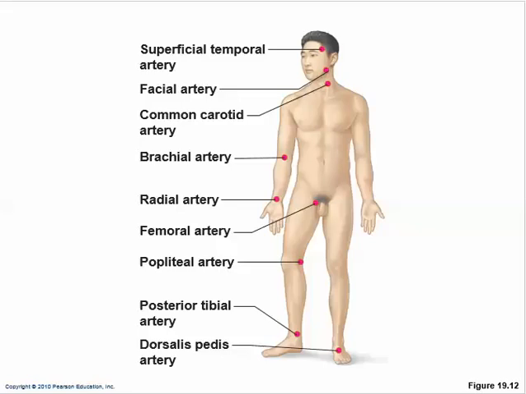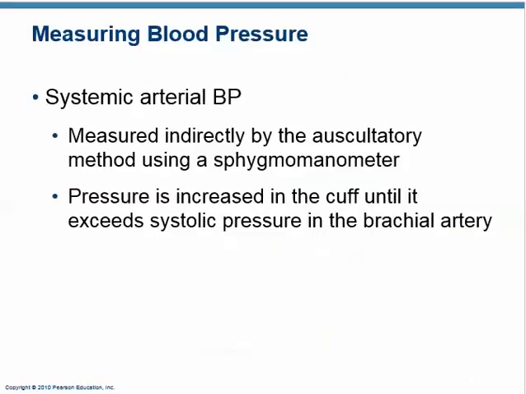That's probably the strongest one. So if you can't find a pulse, they often will look at the common carotid. You can get it on the femoral artery, popliteal artery, dorsalis pedis, posterior tibial, any of those places. But these are all elastic arteries that still have a pulse pressure.